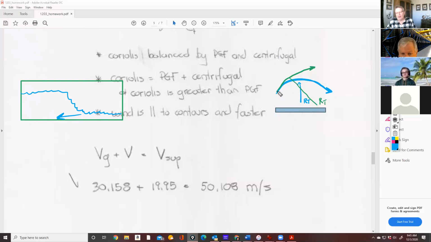So the air in this scenario is moving away from the high, toward lower pressure. Since it's moving toward lower pressure, the pressure gradient force is getting less. And remember, I said the problem with solving that equation is that the pressure gradient force is too strong. So by having the air flow at a larger radius of trajectory, it's now going to slacken the pressure gradient force.